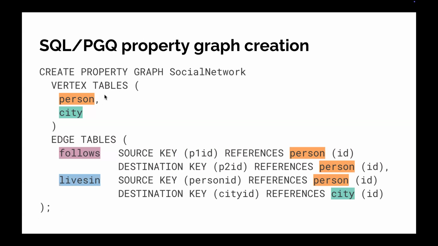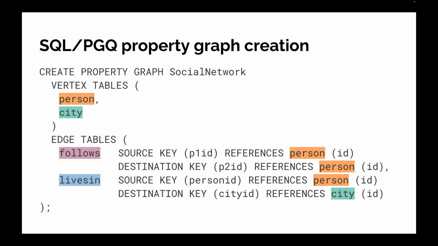You can also omit the properties, which are the columns, basically. In that case, you allow all columns to be selected. And if I had defined primary key, foreign key relationships, I wouldn't need to repeat them here, the source key referencing the person ID. But I did not earlier, so I have to do it here.